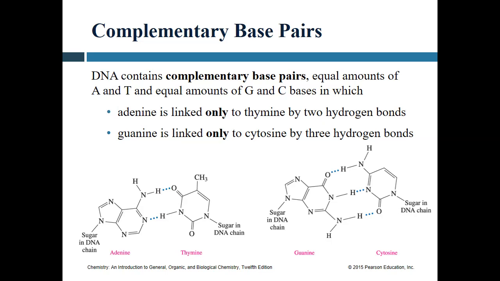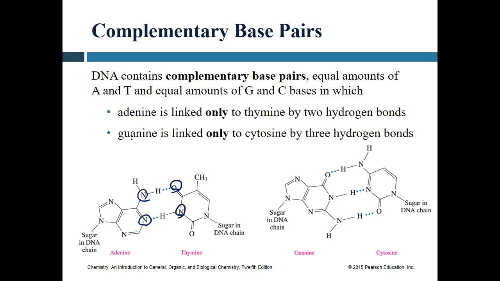Well, because if you look at their structures, the structure of that purine in adenine lines up pretty well with this pyrimidine in thymine, to the point where I can get these nitrogen and oxygen, nitrogen and nitrogen groups close enough together that they can actually hydrogen bond with each other.